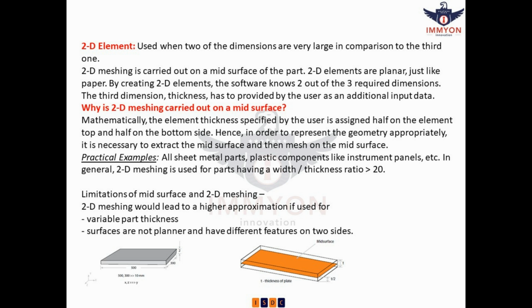Practical examples: all sheet metal parts, plastic components like instrument panels, etc. In general, 2D meshing is used for parts having a width/thickness ratio greater than 20. Limitations of mid-surface and 2D meshing: 2D meshing would lead to a higher approximation if used for variable part thickness, or when surfaces are not planar and have different features on 2 sides.